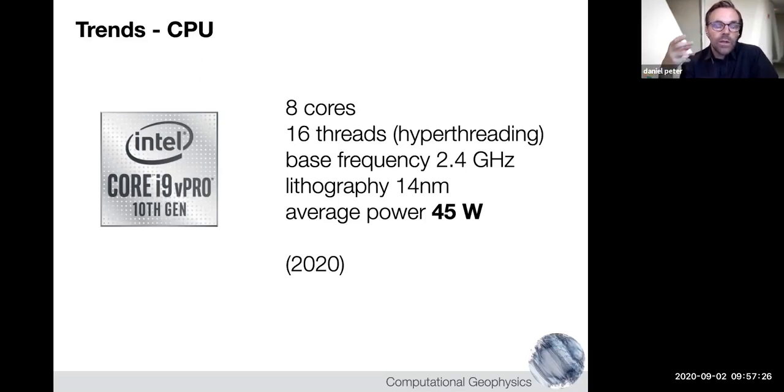So the chip becomes better in terms of handling floating point operations per second. So the number of flops increases. At the same time, the power remains the same or even decreases. So they become more and more energy efficient, actually, these chips.